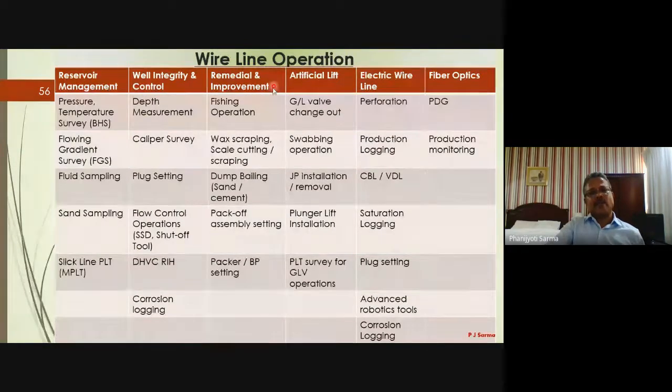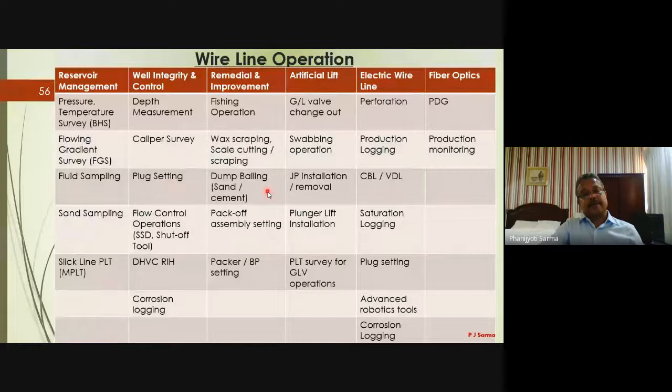Then remedial, rectification or improvement activities like fishing operation. If there is a fish, then we have to rectify that, and with the wireline operation we can do the fishing operation. Wax scraping and scale cutting are all done with the help of wireline operation.